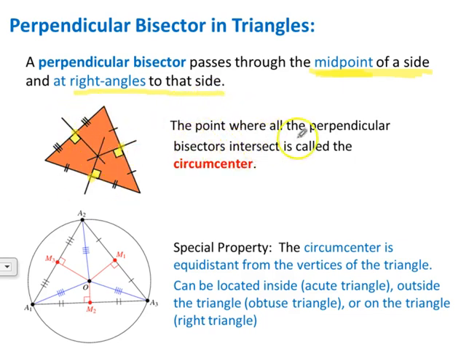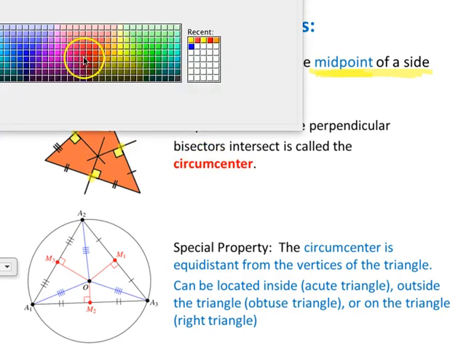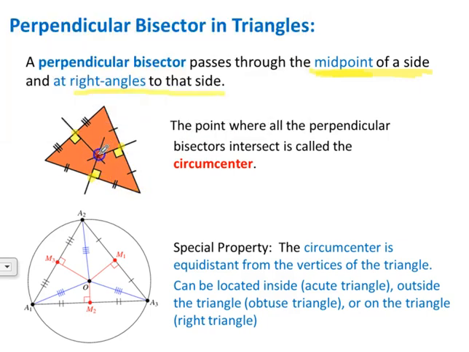And the point where all the perpendicular bisectors intersect, that point of concurrency, is called the circumcenter. So the circumcenter is right here. It's where all three of our perpendicular bisectors intersect. And there's a special property of the circumcenter.